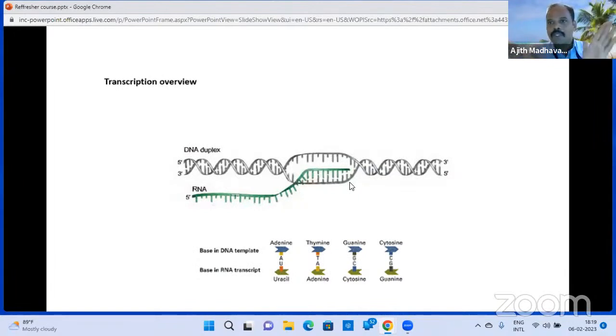Now, both these strands of a DNA molecule can serve as a mold, as a template for the synthesis of an RNA molecule. How is the question? Listen very carefully. The DNA opens up. Then to the template, you can add 1 nucleotide at a time. So how is it added?